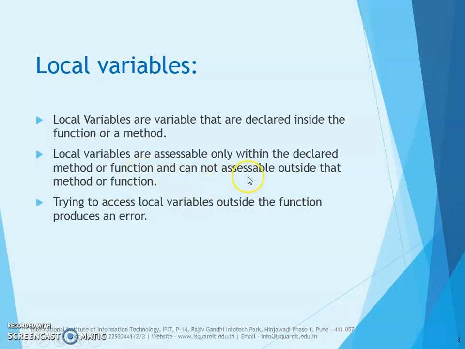We cannot access that variable outside that function or method. As it is declared inside the function, we can only use it within the function. If we try to access a local variable outside the function or method, it will give us an error.